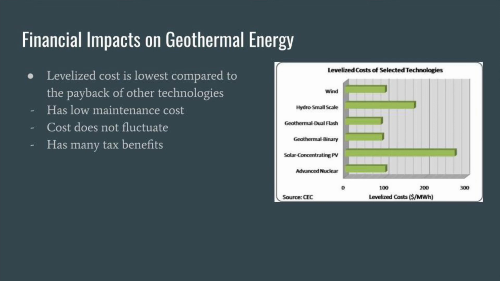In addition, there's also many different tax benefits that can be used for implementing these plants due to their highly efficient designs, and also can help lower the initial capital costs needed for developing these plants. Some of these tax breaks can be seen through the federal tax credit that can be given to different homeowners that claim 30% of the amount that they spent purchasing and installing the geothermal heat pump systems can come out of their federal income tax.